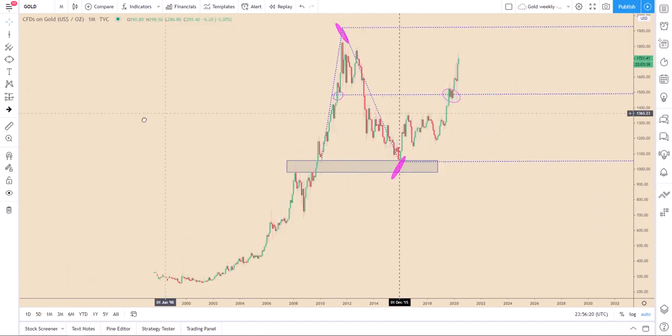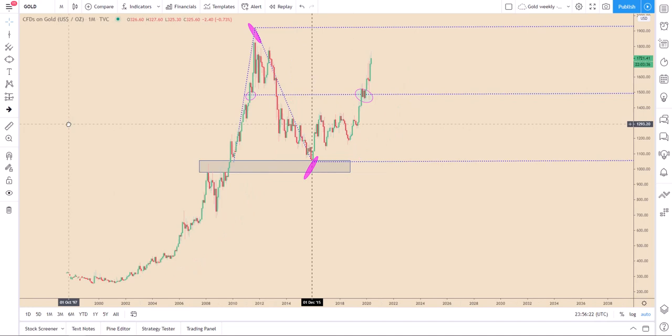So remember when we started on our empty chart, our naked chart, and let's just do that.